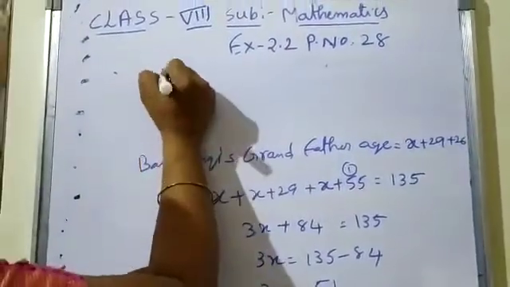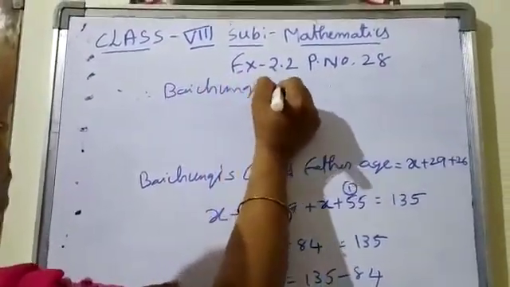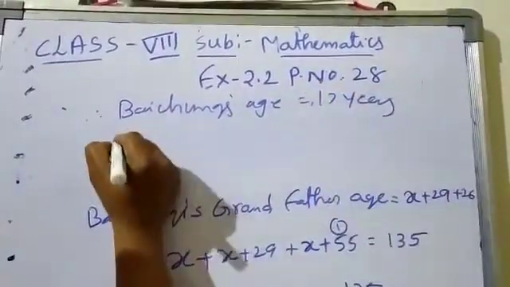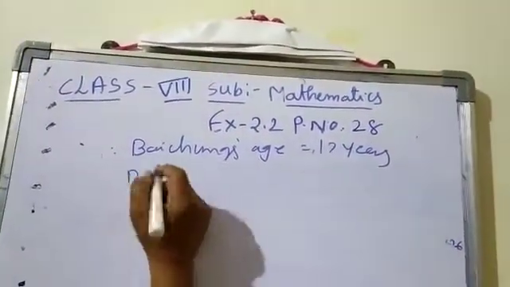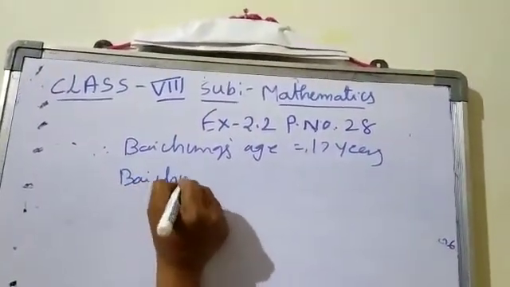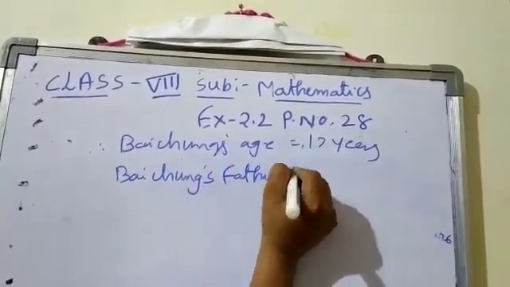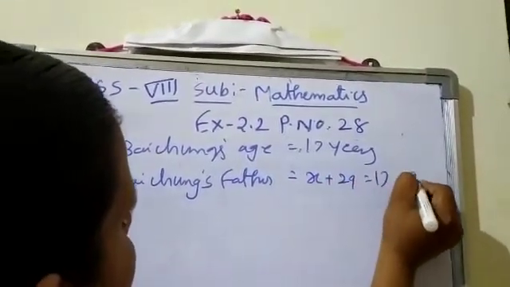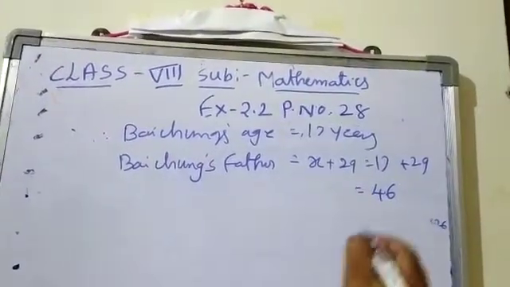So therefore Baicheng's age is equal to 17 years. So Baicheng's father is equal to x plus 29, 17 plus 29, which is equal to 46 years.